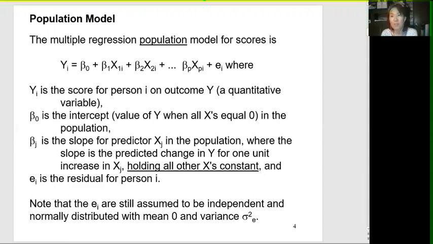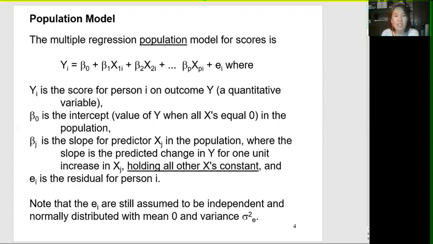For the midterm example, nobody put down these interpretations here. Yi is the score for person i on outcome Y. Beta 0 is the intercept, the Y-intercept in the population.